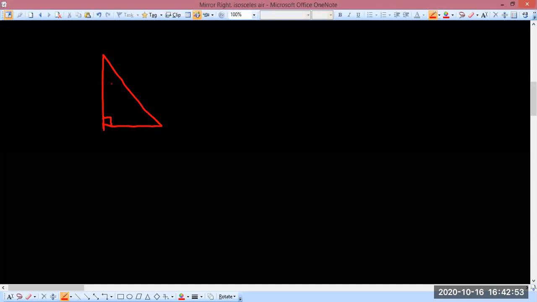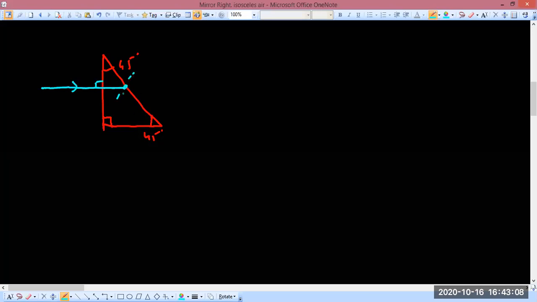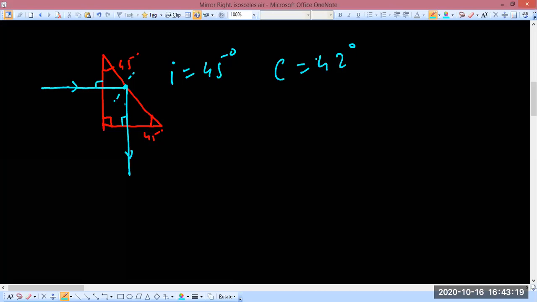However you draw it, what is going to happen will be the same, right? So it doesn't matter. So this is 45 degree, again this is 45 degree, right? So let's say a ray of light comes in like this. So here nothing will happen. Now when it hits here, again the angle of incidence by geometry is 45, but C is about 42. So it's the same again, so it will go out from here like this. Did you understand? Here nothing will happen because it's normal incidence, right?